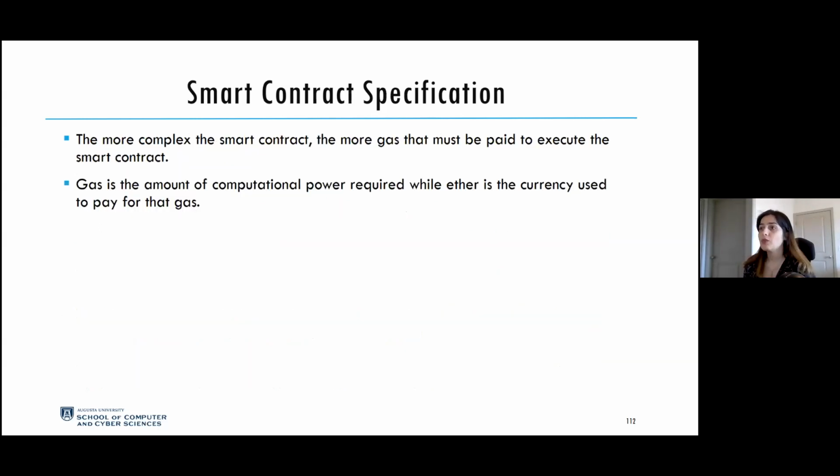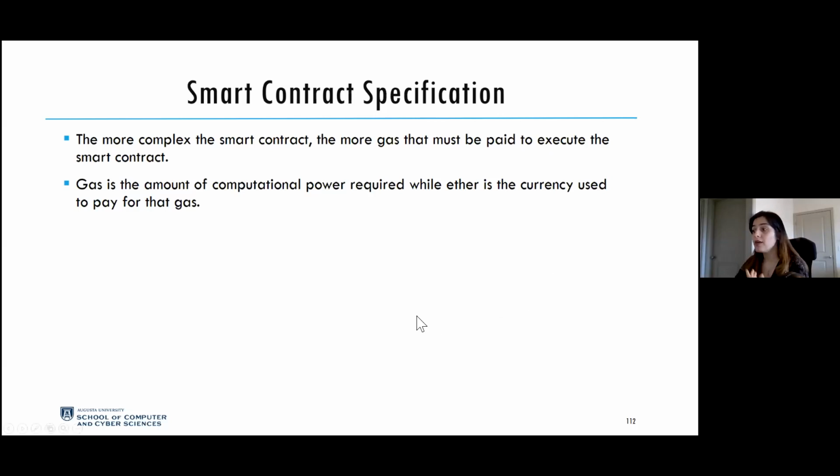The way it works is you need to assign some specific amount of gas. As I said before, in Ethereum you use Ether as a cryptocurrency, so gas is not actually money, it is the amount of computation you need to execute any smart contract, which you have to specify.